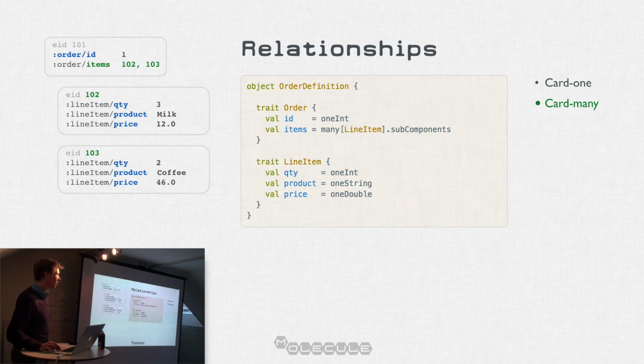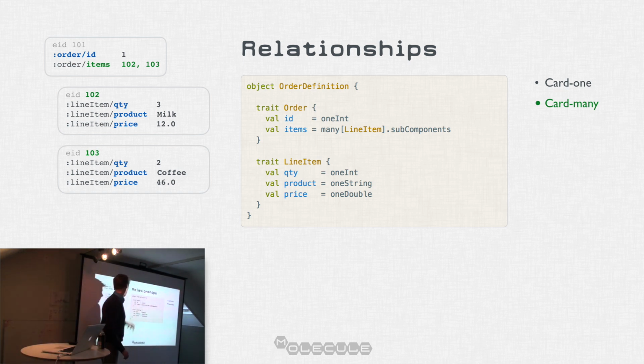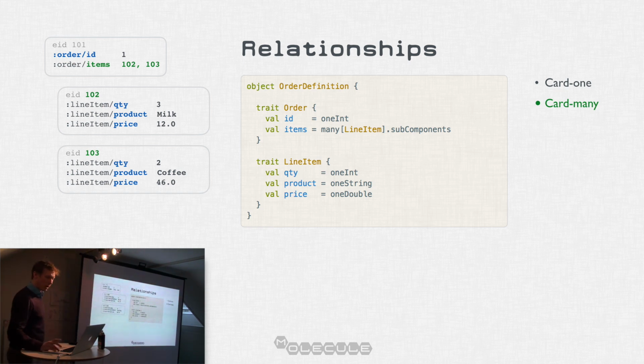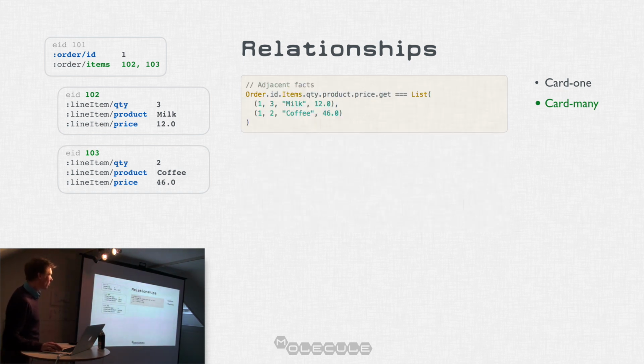Then, if you look at the manager relationships, you can see it's the same here. We have subcomponents with many line items here. So now, when we ask for an order ID, we get this order ID, and then we have some items, which are those two items here.